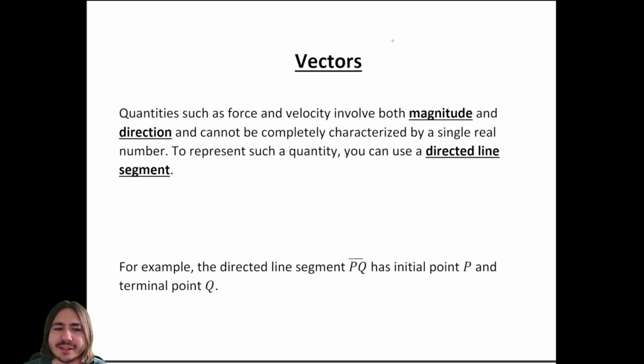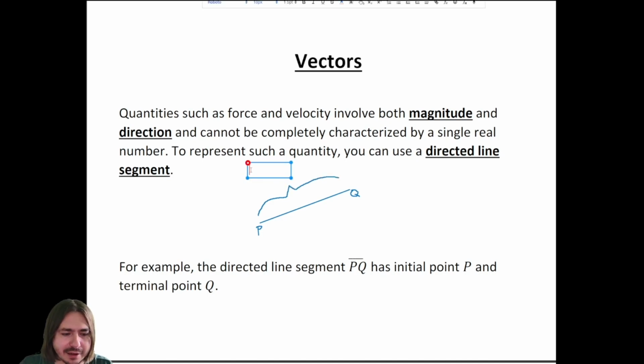So to represent these quantities, we use what's known as a directed line segment. Basically it's just a line segment from, we'll say, point P to point Q. Not only are we going to measure the length of this, which represents the magnitude, so I'll make a little note here that length is the same as magnitude, but there's also a direction associated with it.